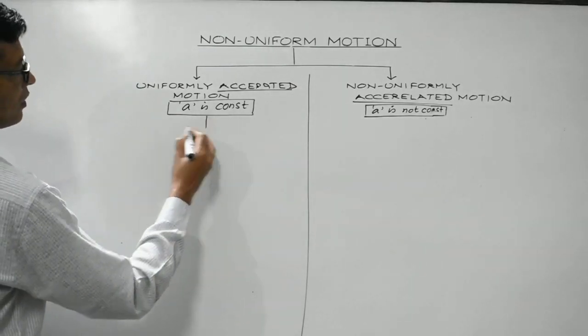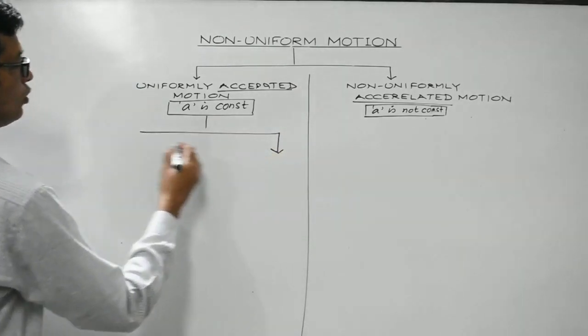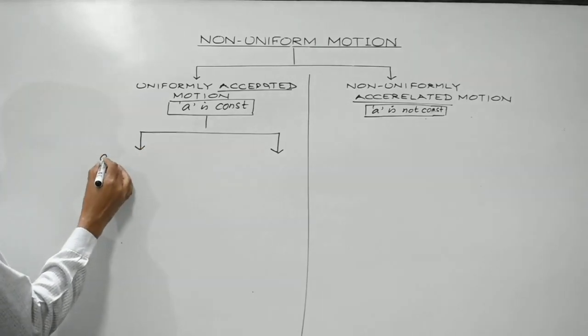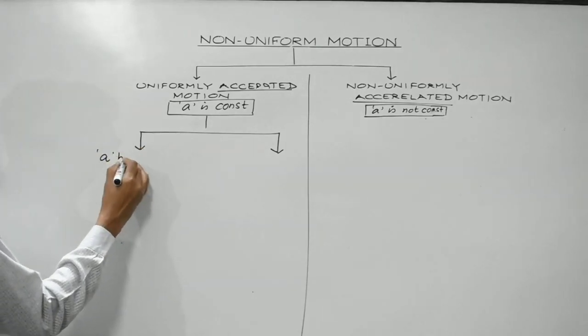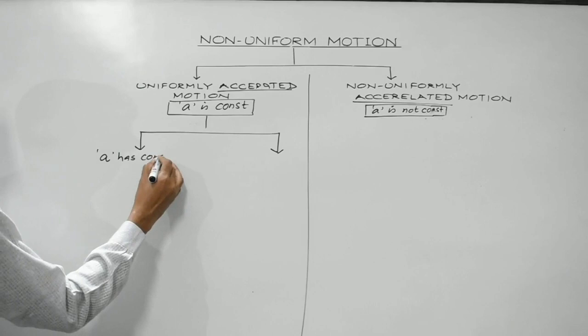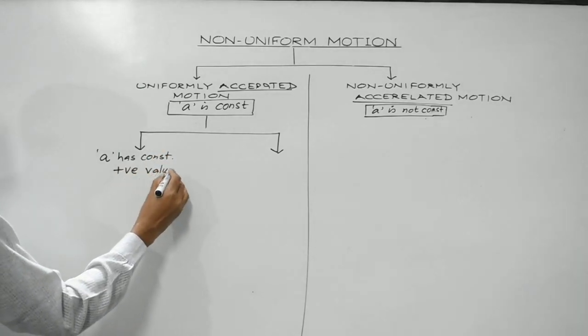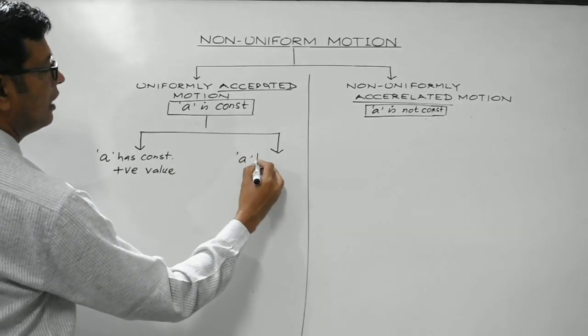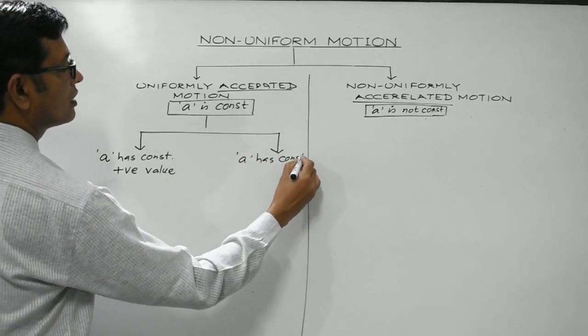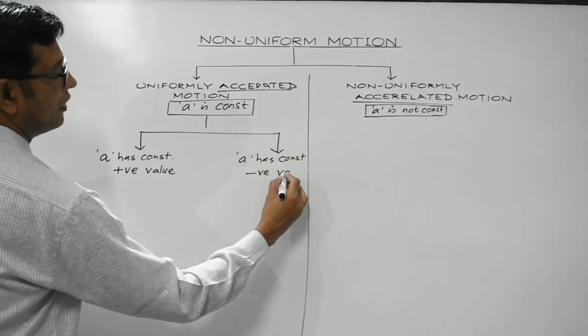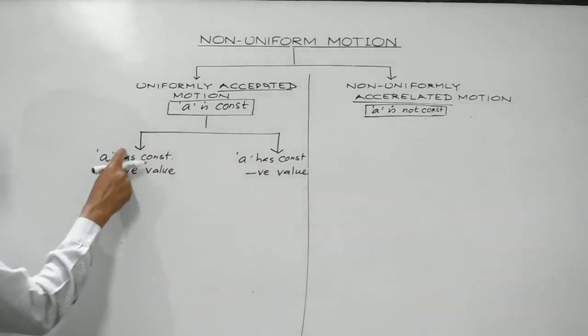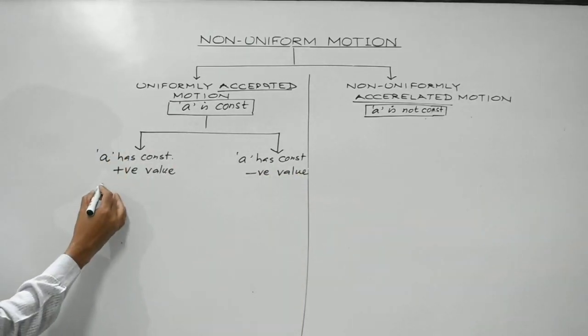So here it can be further divided into two cases. A has constant positive value, and over here A has constant negative value. Here it is known as uniformly accelerated motion.